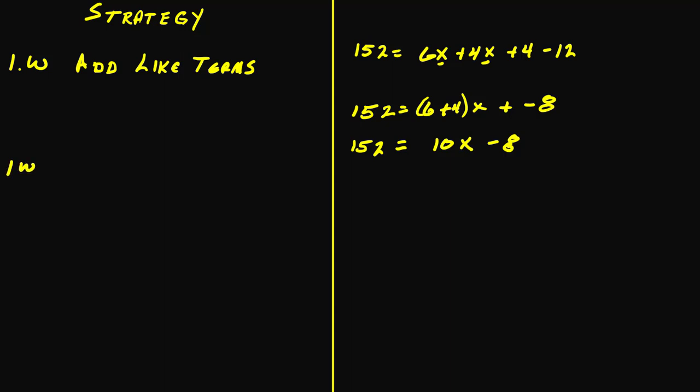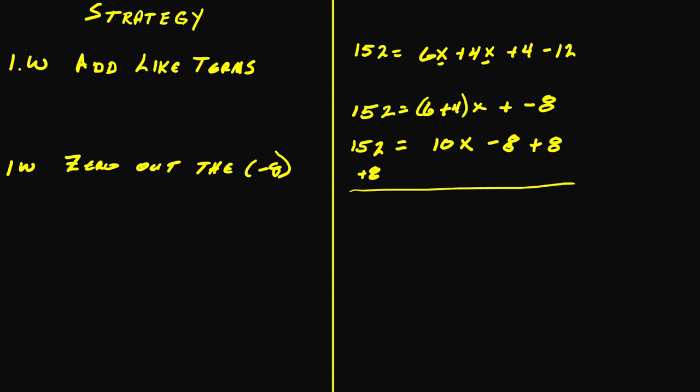I will zero out the negative 8. And the way I do that is to add the opposite. I'll do the same thing on this side of the equation. This gives me 160 equals 10x.